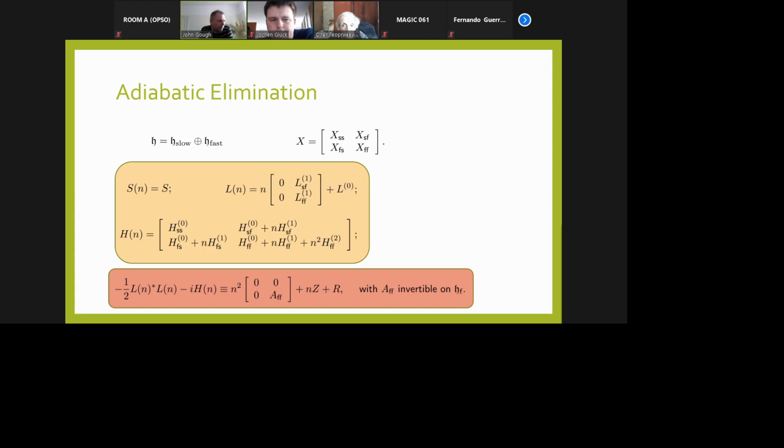Likewise, the Hamiltonian part, the slow to slow part is going to be fixed. The fast to slow and the slow to fast is going to have something which is order n, and the fast to fast part can have a contribution which is order n squared. So if you look at the following combination, minus 1/2 L star L minus iH.